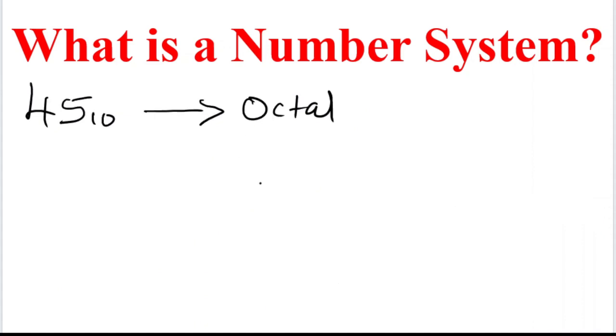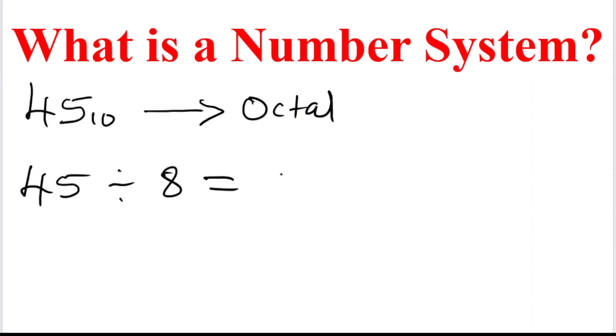45 in base 10, convert it to octal, that is base 8. So initially we used 2 to divide, so now we are going to use 8 to divide 45 till we get to 0. So we start from 45 divided by 8.